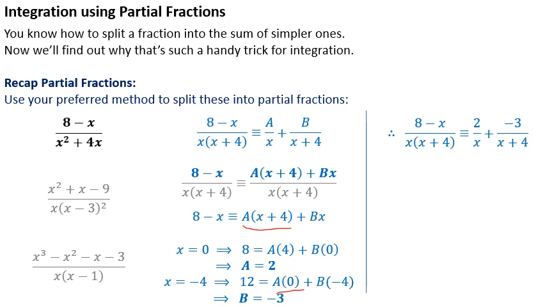And if they match for any value, they will of course match for the two values that we wouldn't actually substitute into the fraction in the first place. But they will also match for all the other ones. So it's really a method for finding the a and b values, which will give us exactly the same a and b values as we'd get subbing anything else in, but more quickly and easily.